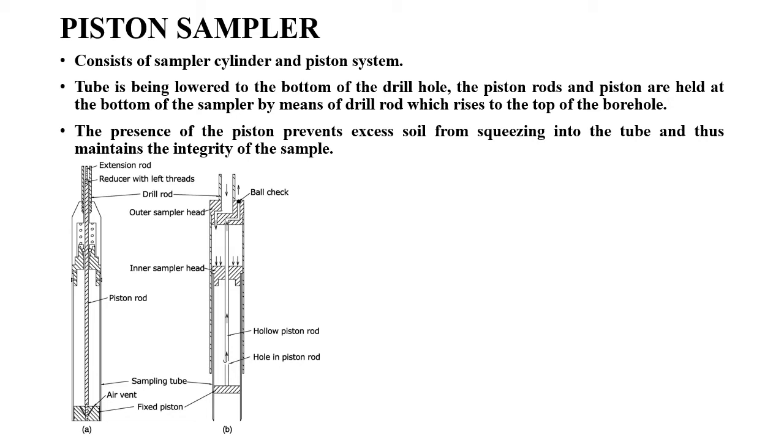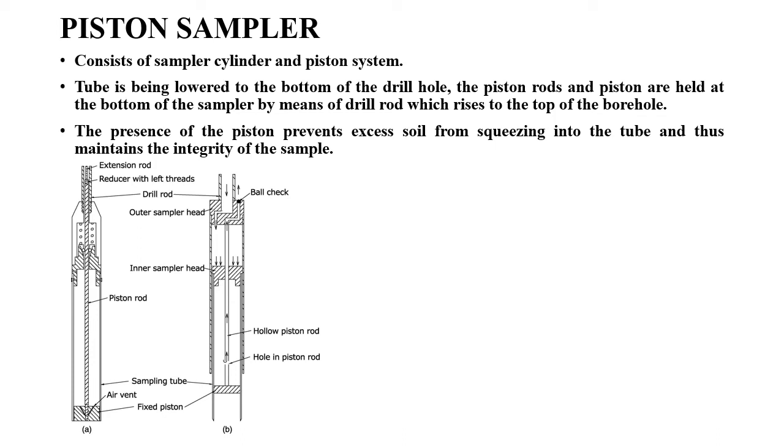While this is being lowered, the lower end of the sampler is kept closed with the piston. Once you reach the desired depth from where the soil sample is to be collected, the piston rod will be clamped, so the piston will be stationary. It will not have any motion any further.